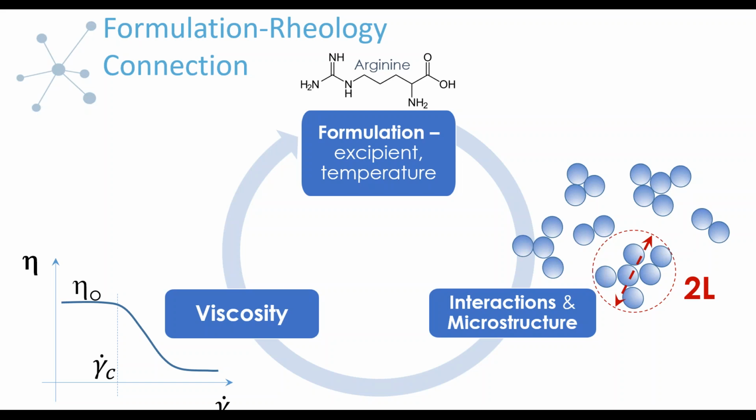We do know that there are common trends in how temperature will impact viscosity, but it's also true, particularly for aqueous systems where hydrogen bonding is important, that temperature can change how these components interact.